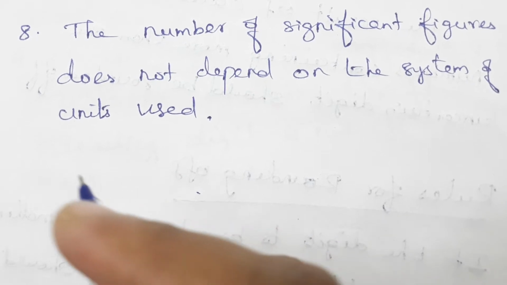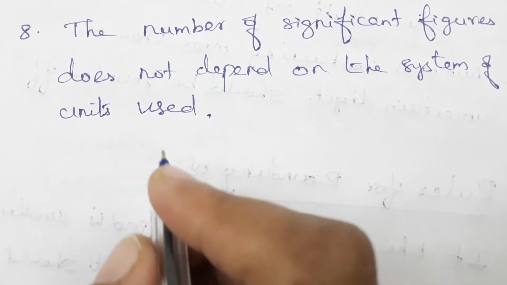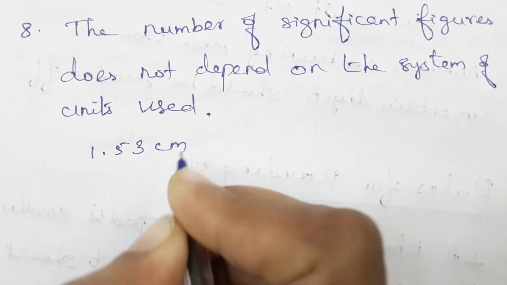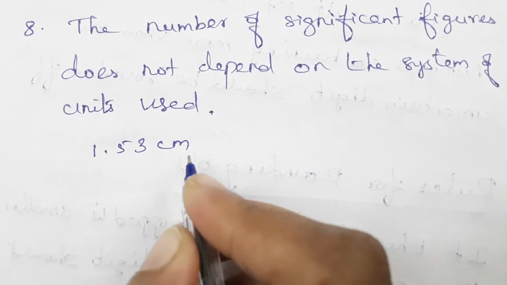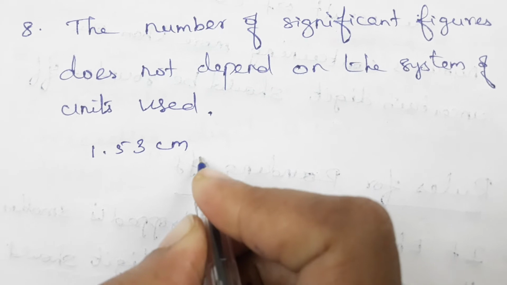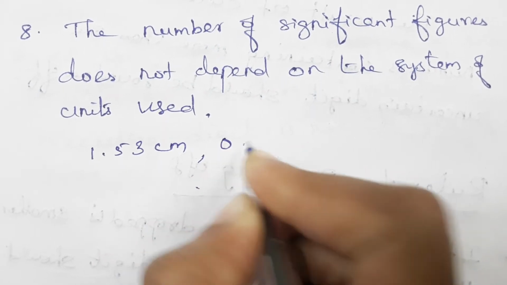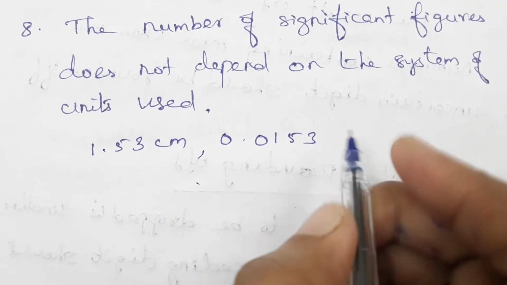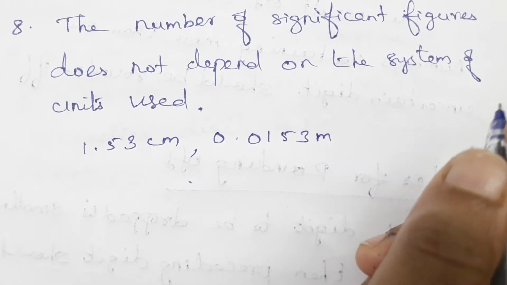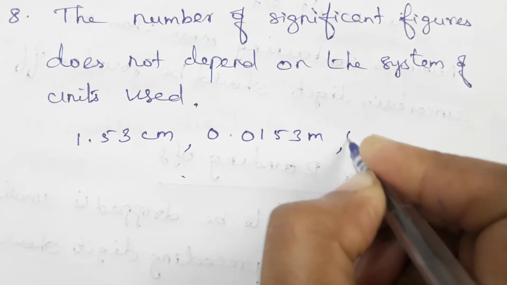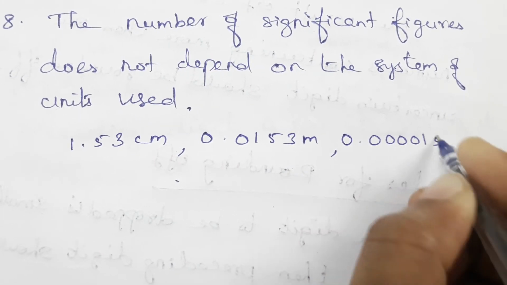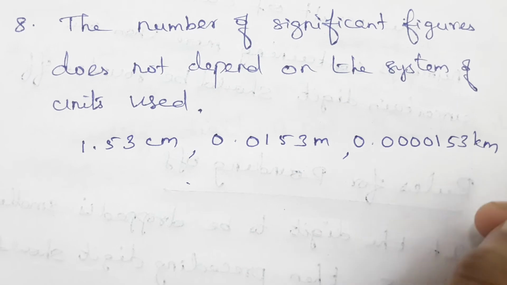For example, 1.53 centimeter can be written as 0.0153 meter. Otherwise, 0.000153 kilometer.